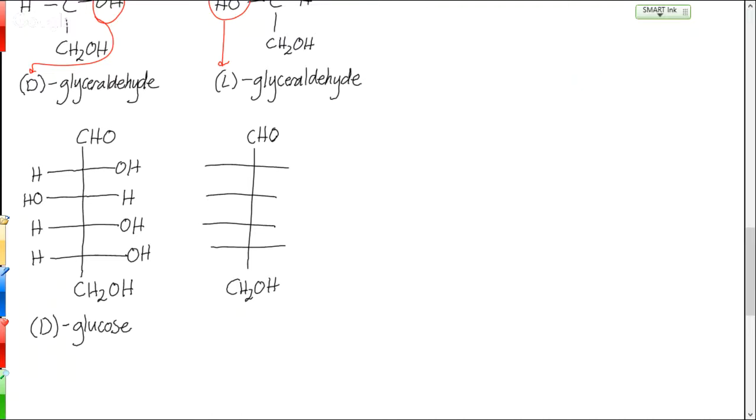It's actually not in here. That's okay. So if we make the mirror image of D-glucose, we've got L-glucose. And you can see with the D, the OH is on the right, and with the L, the OH is on the left.